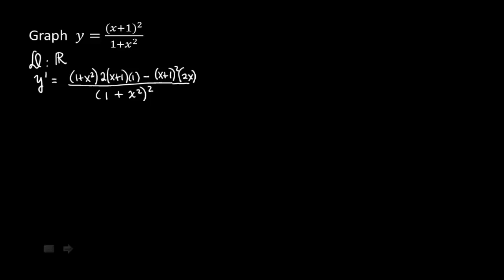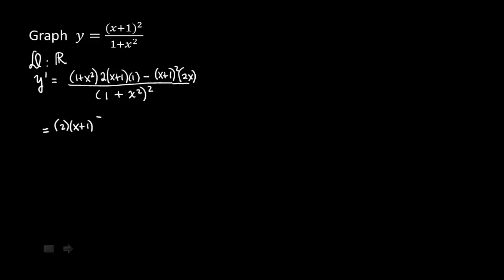Again, we don't FOIL the denominator, we just keep it the way it is. Now look, we have x plus 1 as a common factor, so pull out x plus 1, and we also have 2 as a common factor, so pull out 2 times x plus 1.